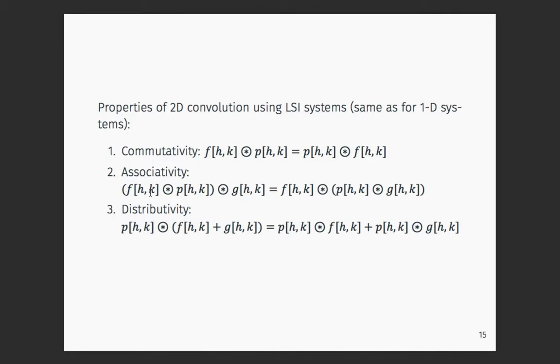It's the same to apply the blur first, and then apply the edge detection convolution on the result of that, or to apply the edge detection first and then follow that by the blur. All this works the same way.